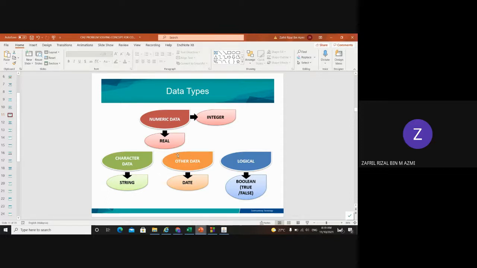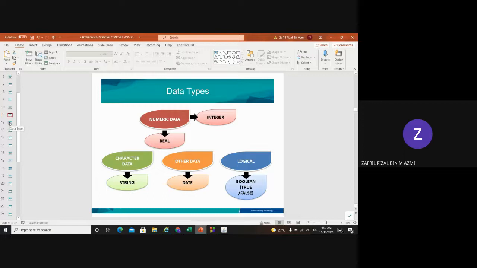Other data is anything other than numeric and character. It can be date, time, an image, any data other than numeric or string. And then we have logical. Logical only consists of true or false.